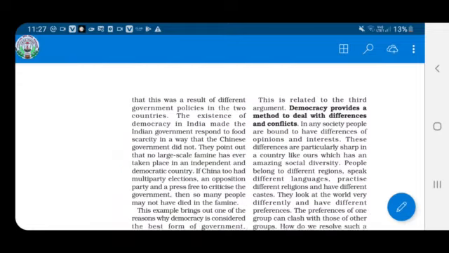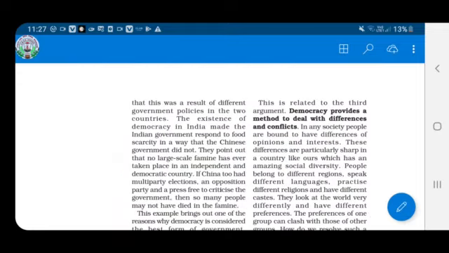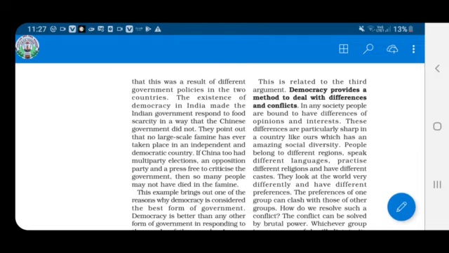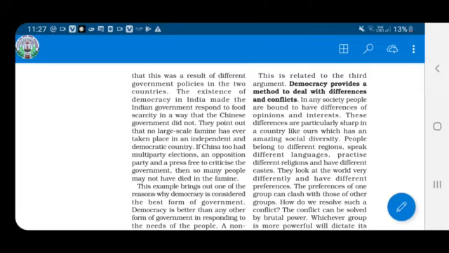Then the next argument for democracy is, democracy provides a method to deal with differences and conflicts. In any society, people are bound to have differences of opinions and interests. These differences are particularly sharp in a country like ours, which has an amazing social diversity.